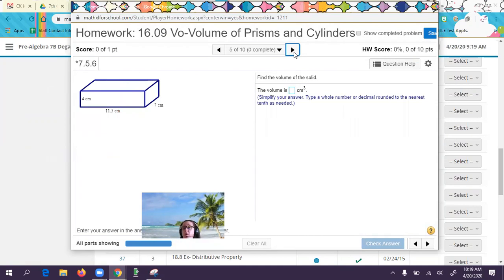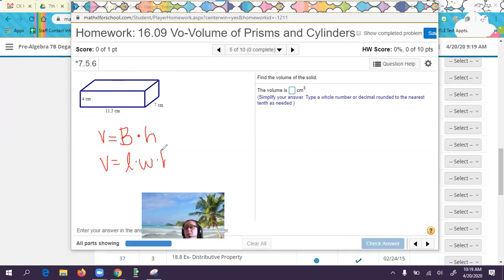We have a prism. All we're going to do to find the volume of this prism, the actual formula tells me to take the area of the base, so that's big B, that's area of the base, times the height. But because we have a prism, and the formula for the area of the base is just length times width, all you're going to do is multiply those numbers together in any order. I don't even have to worry about what's my length, what's my width.